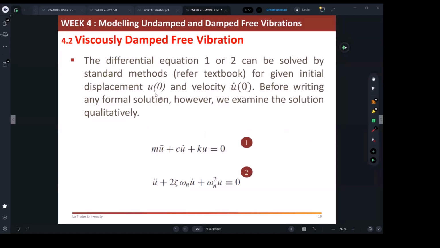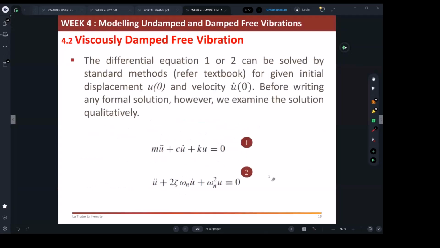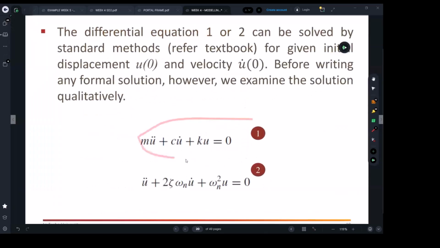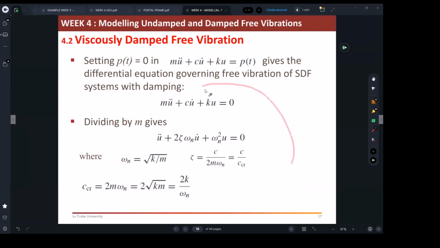And let's use math. So what we're saying here is we're going to go to this equation and try to solve it. This is equation number 1, and equation number 2. I've just copied these two equations from the previous slide. Nothing new.